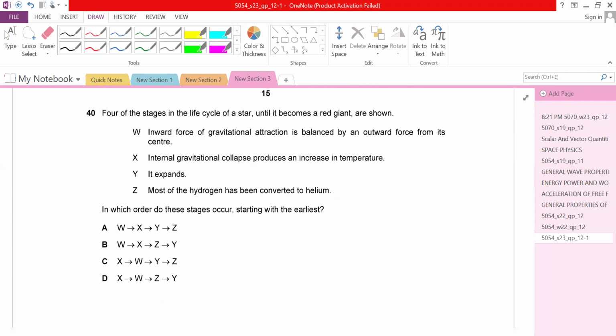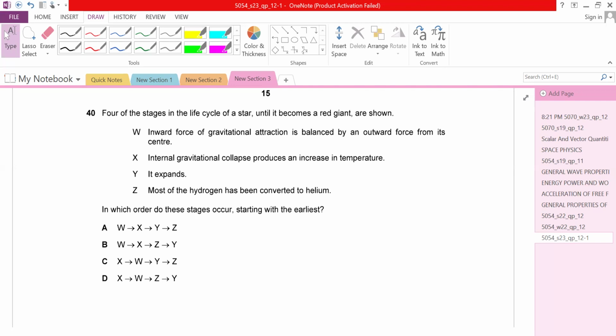Last question of this paper, question number 40. Four of the stages in the life cycle of a star until it becomes a red giant are shown: W, X, Y, Z. In which order do the stages occur, starting with the earliest? Let's read out W and X first.